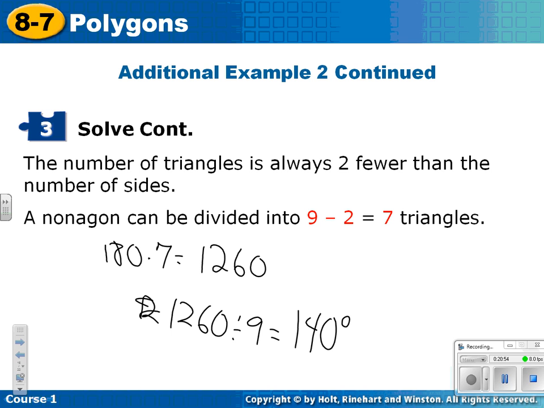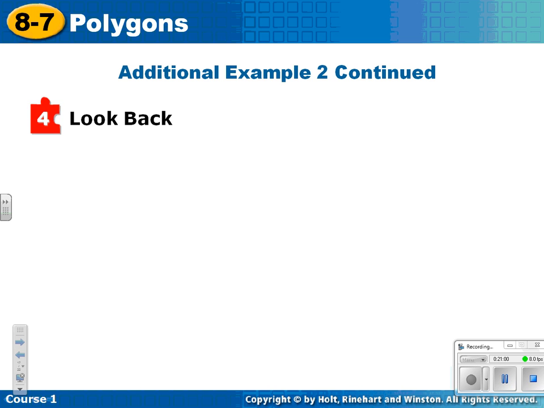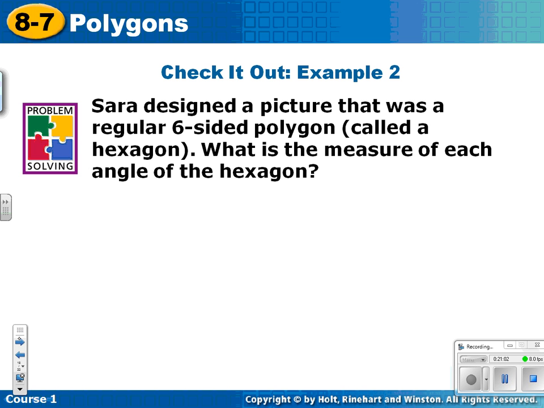Now, you're going to have a problem like this on your homework. Sarah designed a picture. Those of you that are struggling, I suggest you get out a notebook and you write these down because I'm going to write down the steps for you.